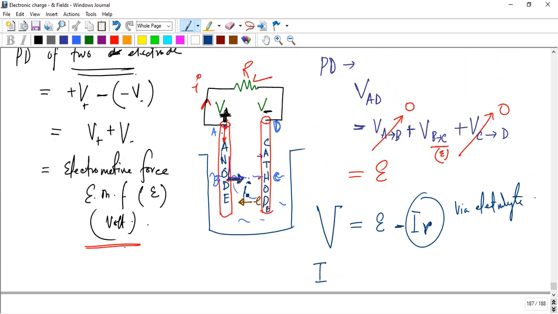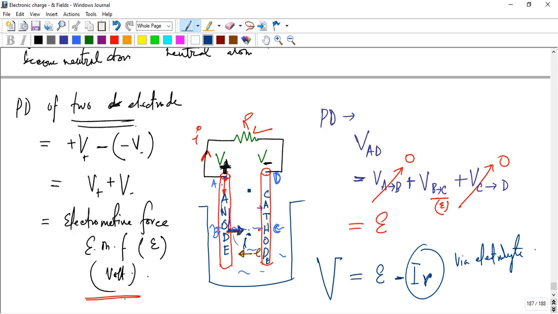So actually the circuit looks like this. There is a source, positive terminal B plus, that's B minus. There is a load RL. So current passes in that direction, plus to minus.